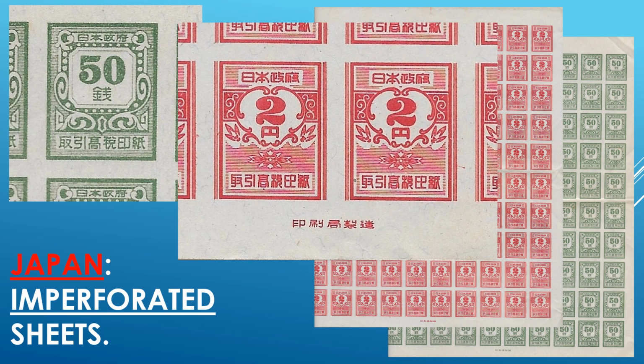And a couple of more. The 50, also imperforated sheet, as well as the 2, which I believe is probably the high value, as best as I can tell.